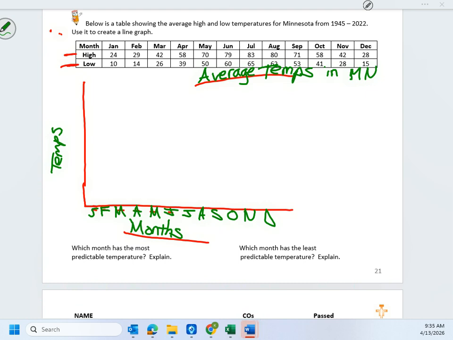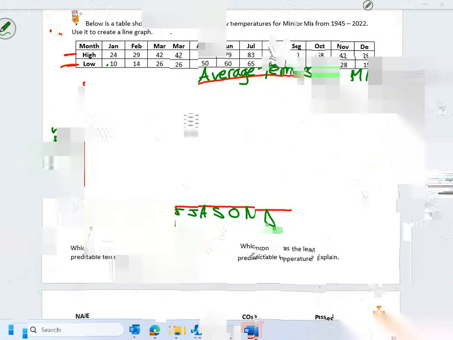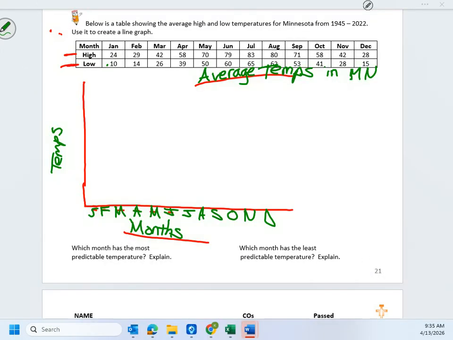So, I see quite a range of temperatures. Starting with 10 degrees, going all the way up to 83 degrees. Do you think I can number it from 1 up to 83? No, that's a lot of numbers to put on there. I can't fit it all on there. What should I do? Vinny? You can skip count.